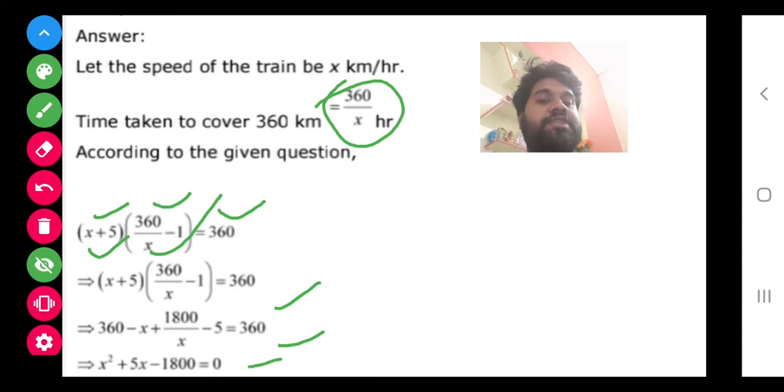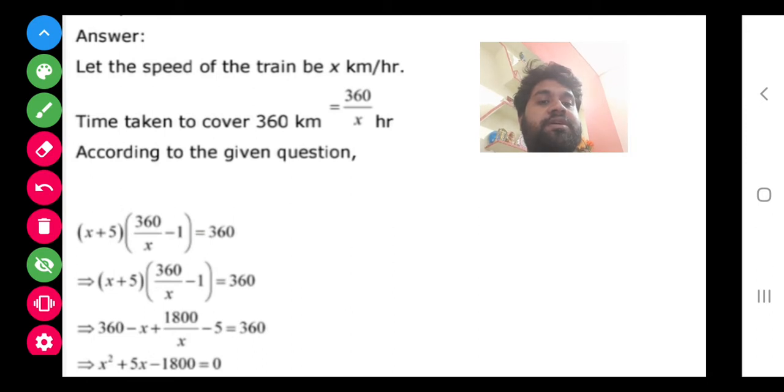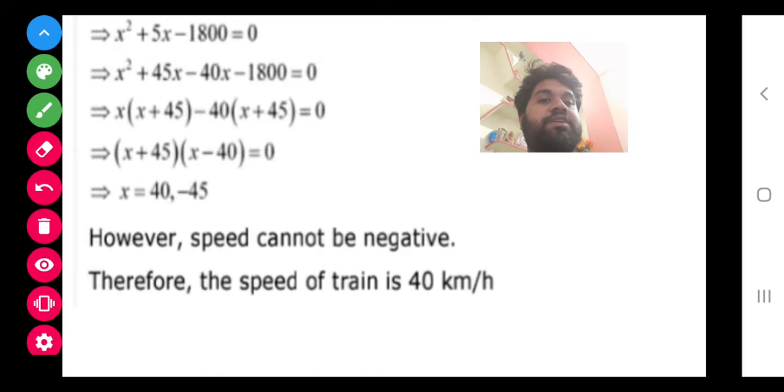After that LCM and all, you will get this, and finally we have to do splitting the middle term, or completing the square, or using the quadratic formula. Whenever you are unable to find the splitting of the middle term, then use the quadratic formula in that case.